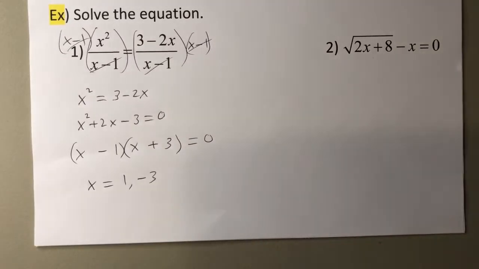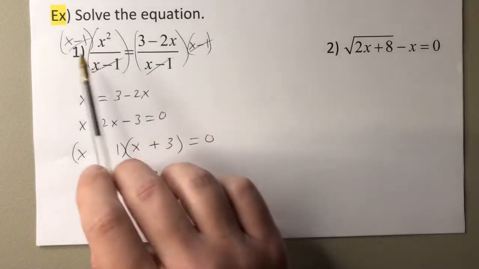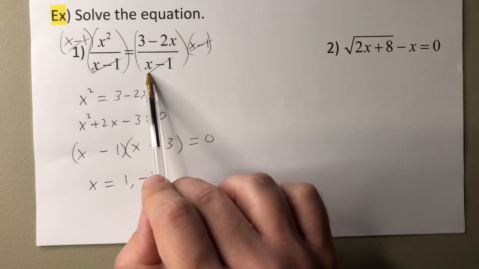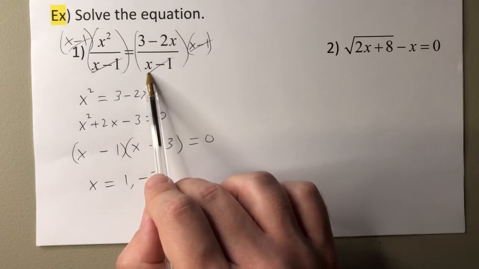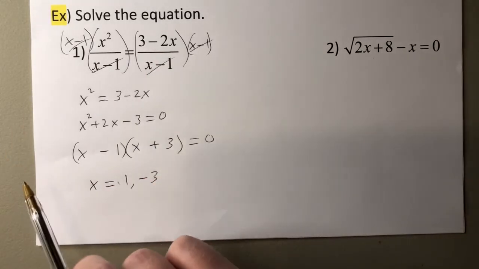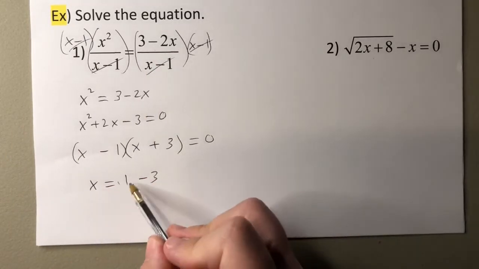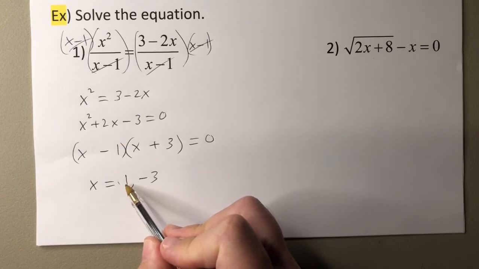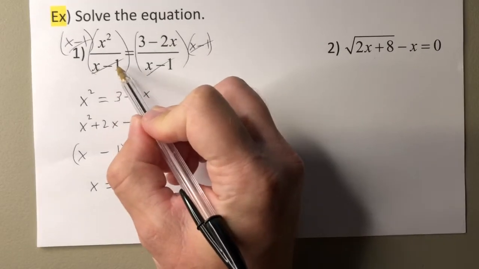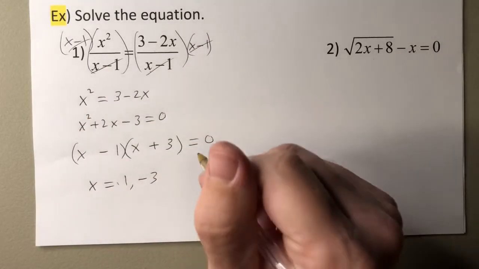No. What did I just tell you? If you have to multiply both sides by a variable expression, or in other words, if there's a variable in the denominator, you got to check to make sure each of your solutions actually does work in the original equation. Look at this 1. If you plug a 1 into this x, or this one, doesn't matter, they're the same, what are you going to get in the denominator? You're going to get a 0.